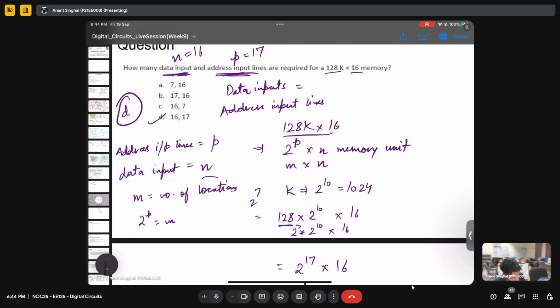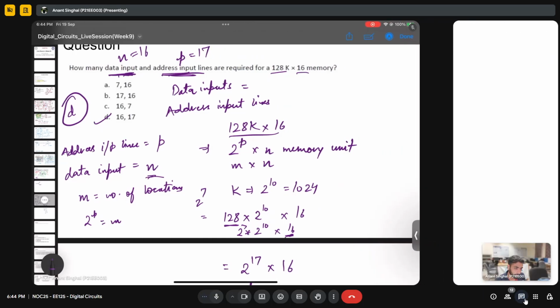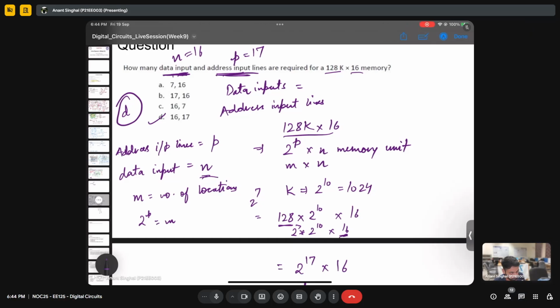Data input is n, which is the number after the cross, so that is 16. Your address input line is p, which comes out to be 17. So 16, 17 is correct. 17, 16 is incorrect. Is it clear?